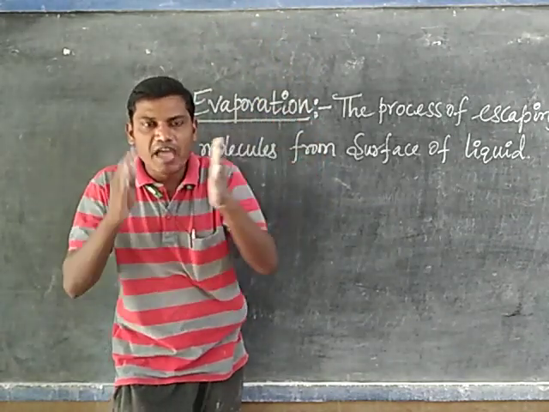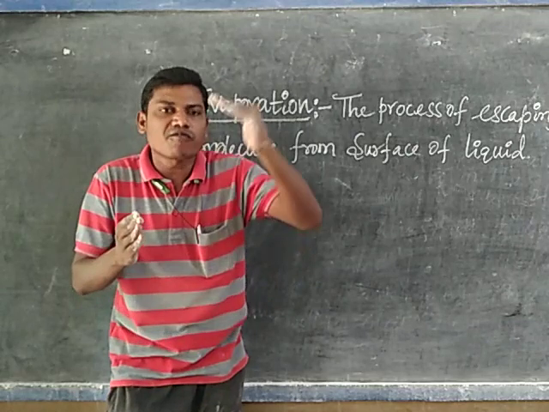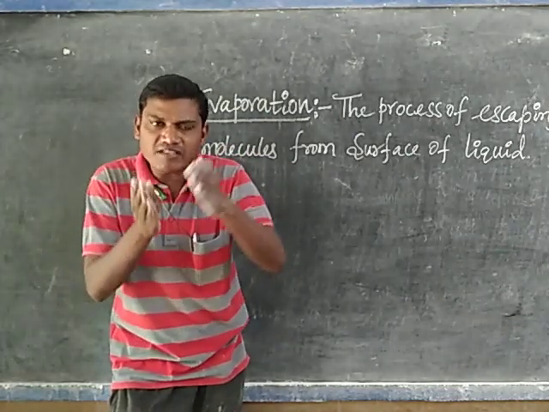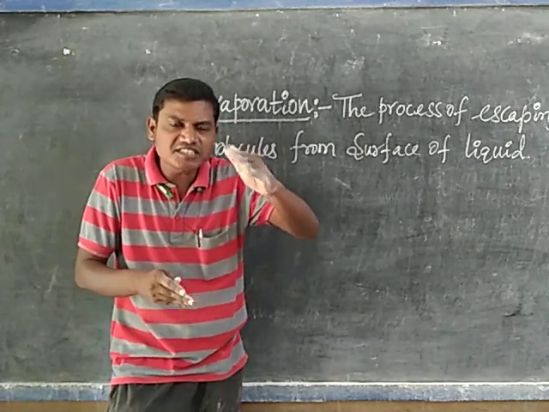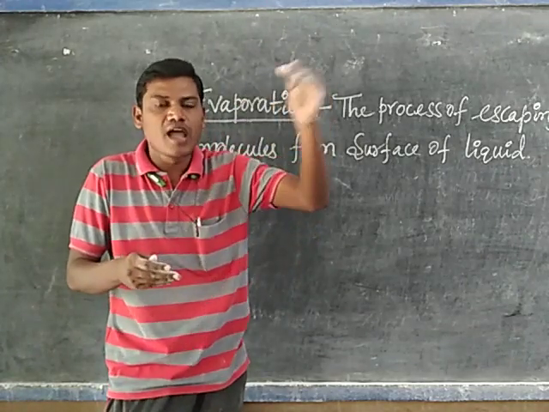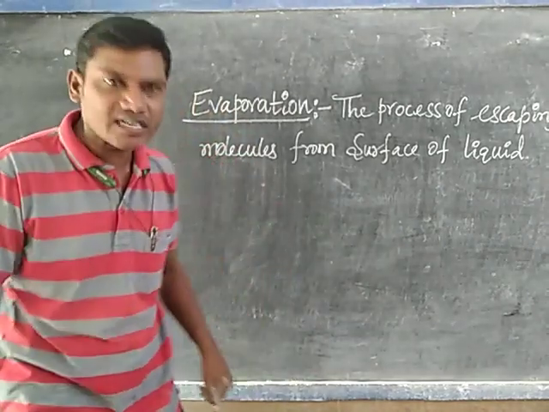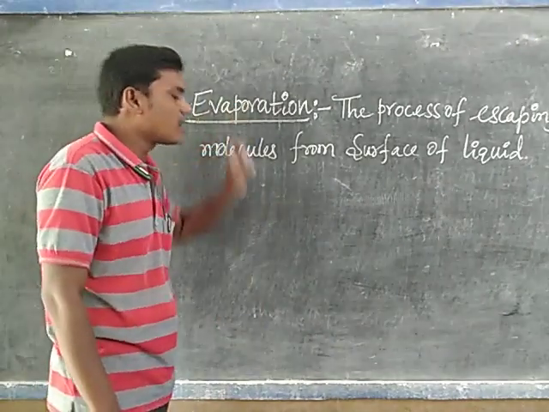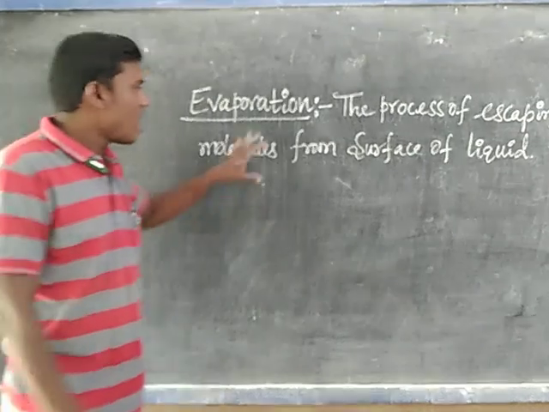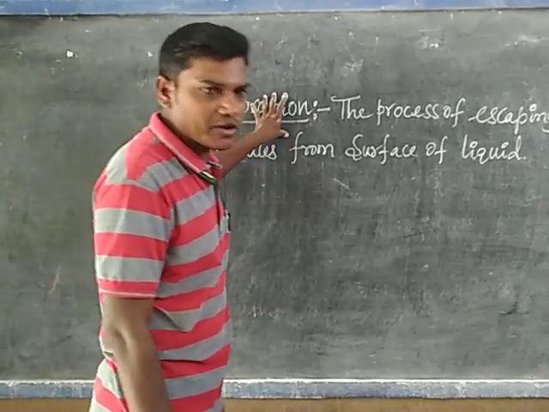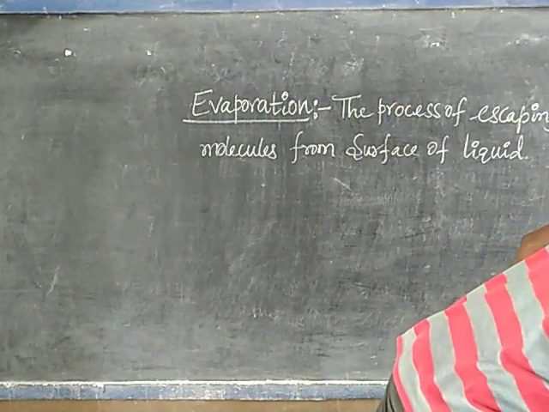In this process, a liquid changes into the gaseous phase at any temperature below the boiling point of that substance. That is also called evaporation. Now I will give a small explanation of evaporation for your understanding.